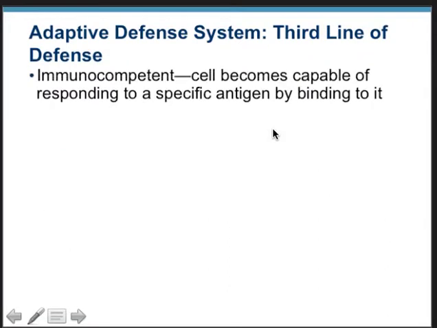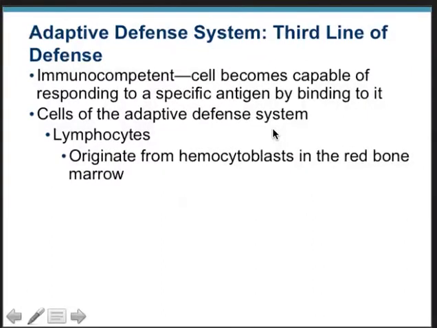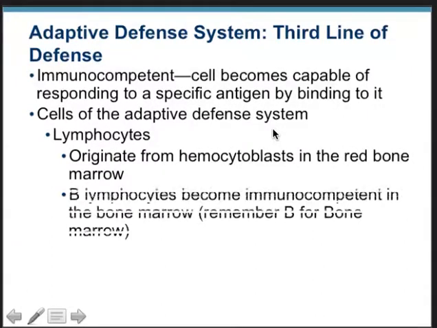Now, if we want to describe some of the characteristics of a lymphocyte, one of the things that we say about it is that it's immunocompetent. The cell becomes capable of responding to a specific antigen by binding to it. The cells of the adaptive defense system include lymphocytes, which come from hematocytoblasts in the red bone marrow.